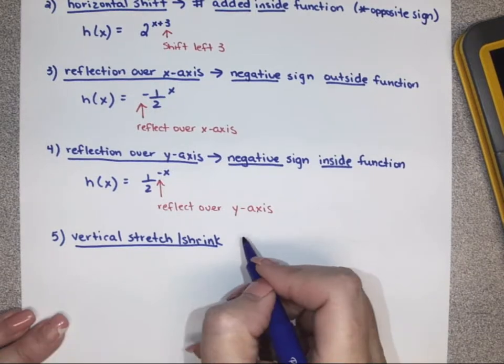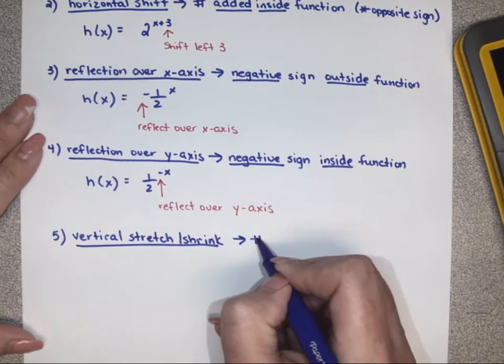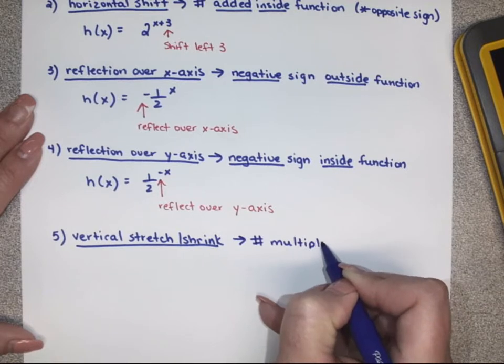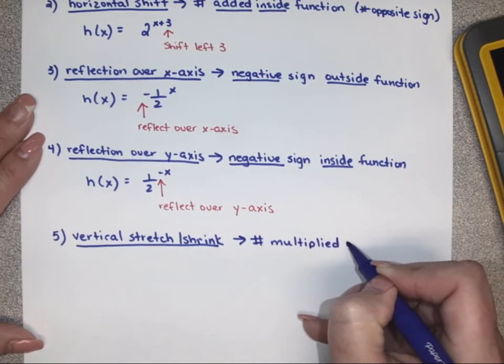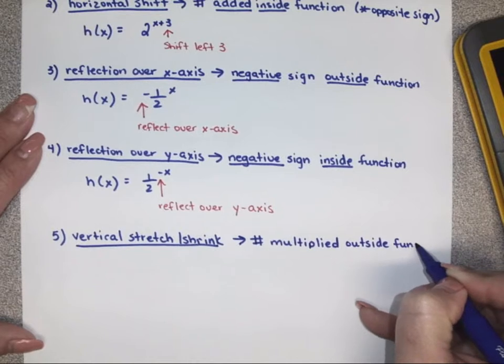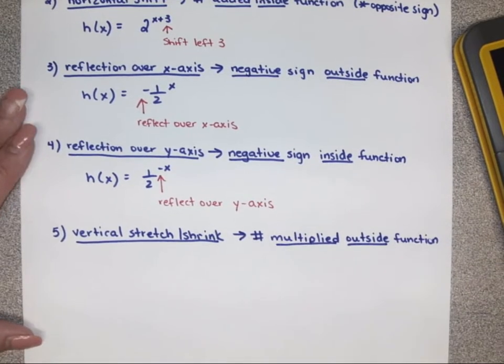So do you remember what used to tell us to do this versus the other one? There's a number being, instead of added, multiplied, but where is it at? Do you remember? It's either to the front or, quote, outside the function. So this will be a number multiplied outside the function. So I'm going to underline those two words.